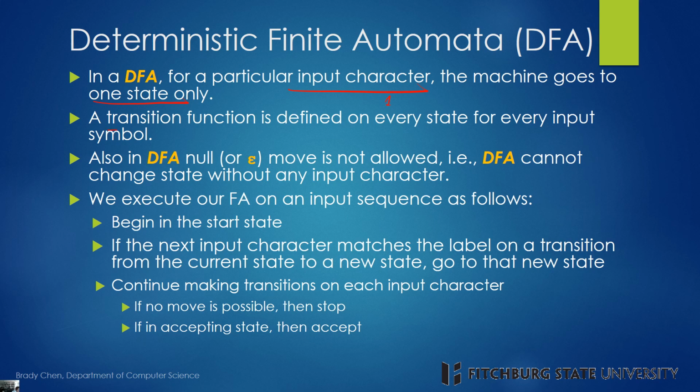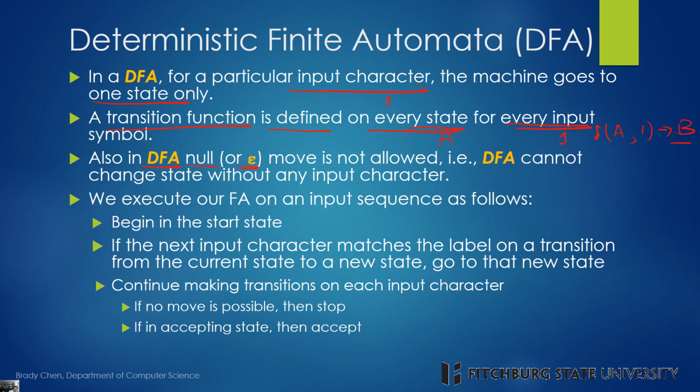So the transition function is defined on every state and every input. If it's B, then it's B. There's no ambiguity here. Which means in a DFA, null or epsilon, the empty move, is not allowed. In other words, a DFA cannot change state without any input character.